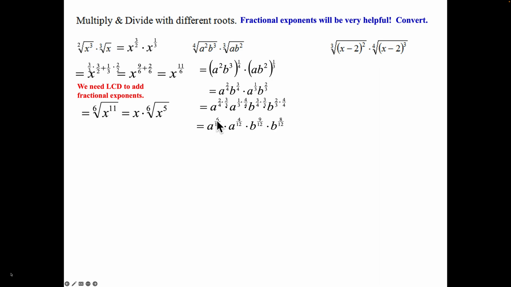Now I get a to the 6/12, a to the 4/12, b to the 9/12, b to the 8/12, and just like we did over here, add your fractions to get 10/12 and 17/12. Don't reduce this because notice that both denominators are the same. Means that's now the 12th root of a to the 10th, b to the 17th. And 12 can go into 17 once with 5 left over.